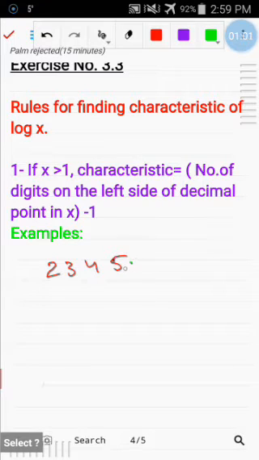Now we count the number of digits on the left side of the decimal point: 1, 2, 3, 4. The total is 4. Now we subtract 1 from 4, which is equal to 3. So the characteristic of this number is equal to 3.